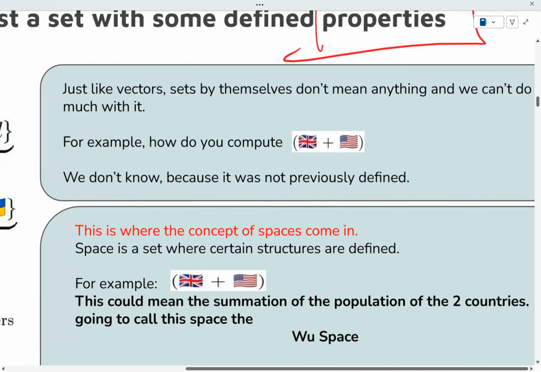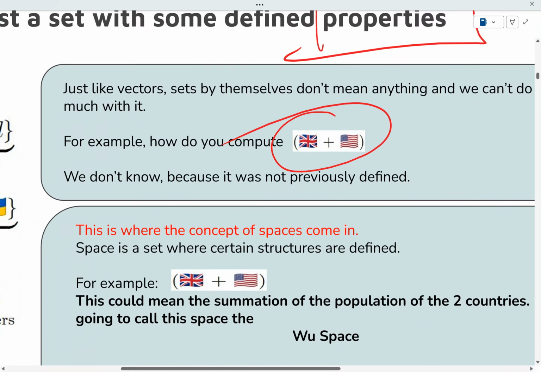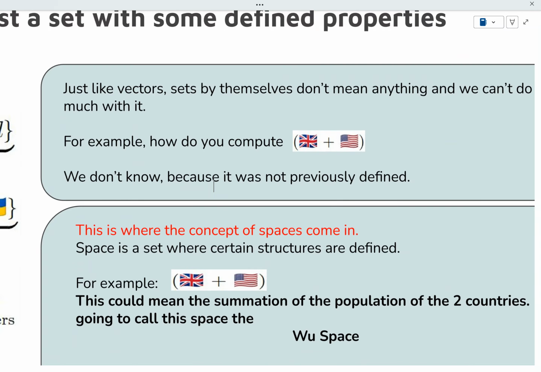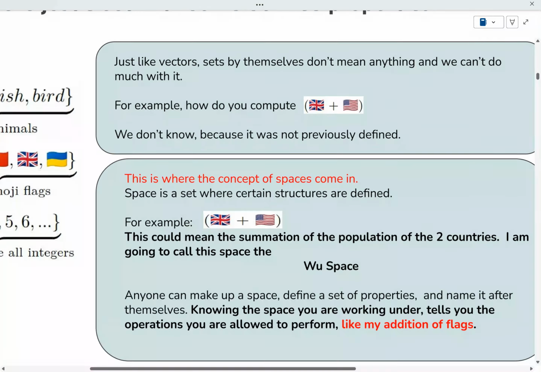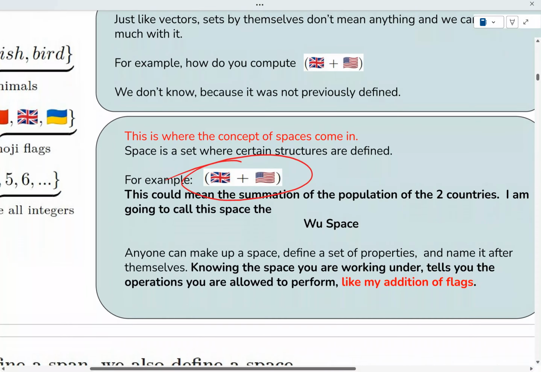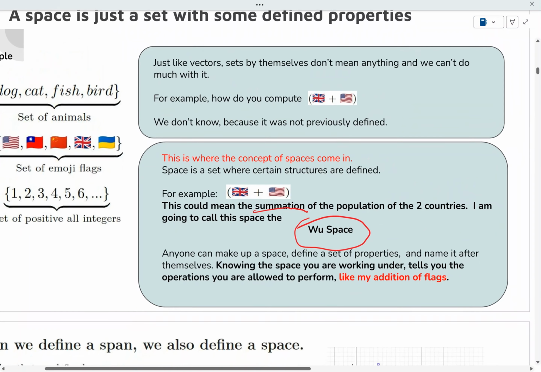So for example, if I want to add up these two flags, if it's just a set, we don't know how to do that. However, let's say Professor Wu decides to define that when you add up the two flags, what's really happening is we're summing the population of the two countries. Now it's defined. Once this is defined, I essentially created a space, which I call Wu space.